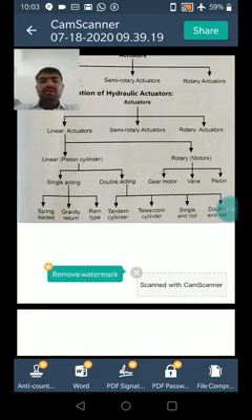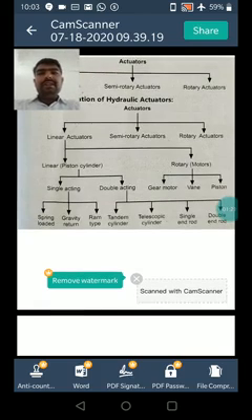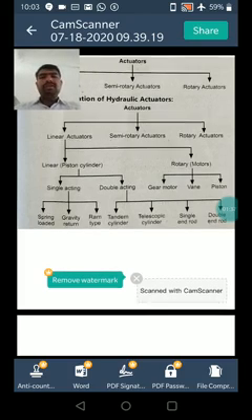Now we see the working of three types: linear, semi-rotary and rotary. First one is linear actuator. These are essentially cylinder piston systems which extend or retract during the operation cycle. Second one is semi-rotary actuators.